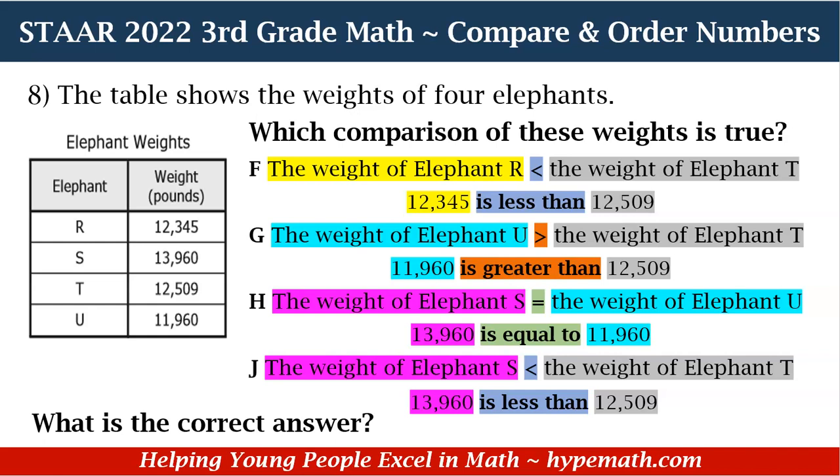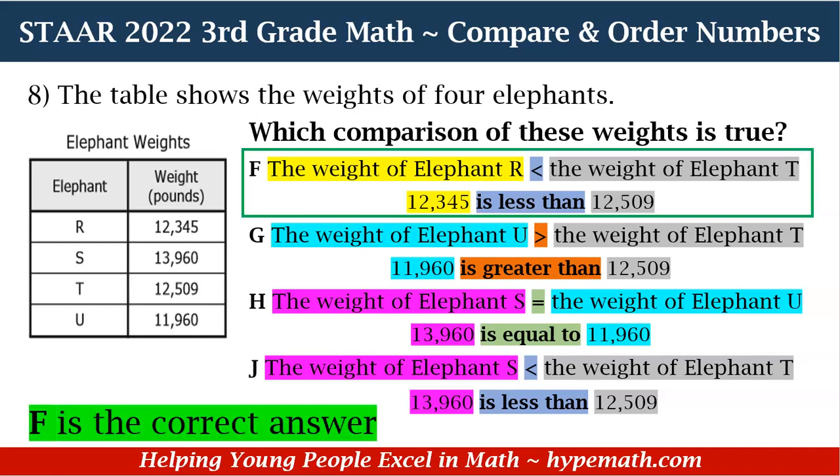H, is 13,960 equal to 11,960? Is that true or false? And J, is 13,960 less than 12,509? And again, the alligator mouth opens up to the largest number. What is the correct answer?